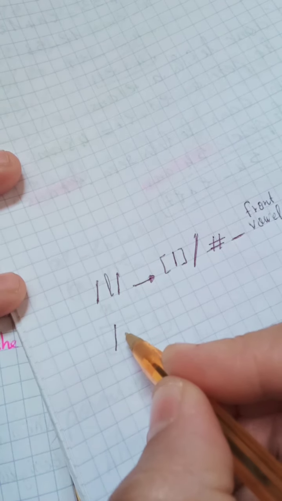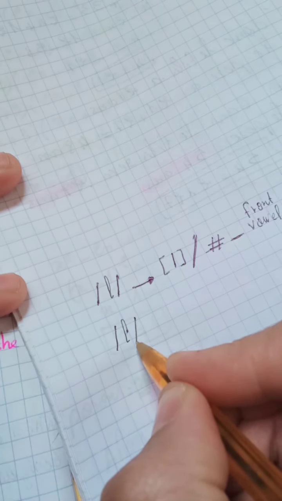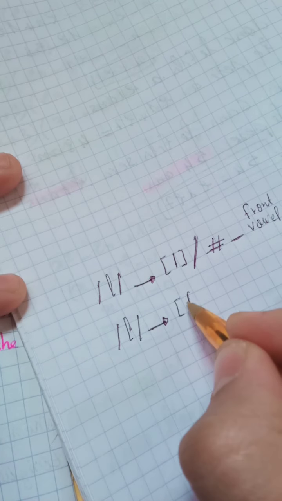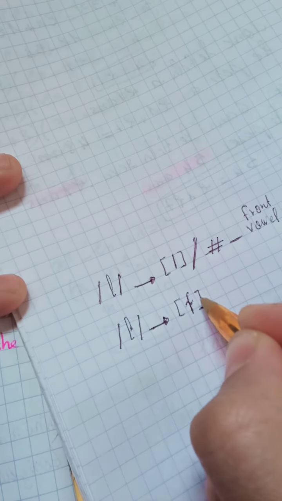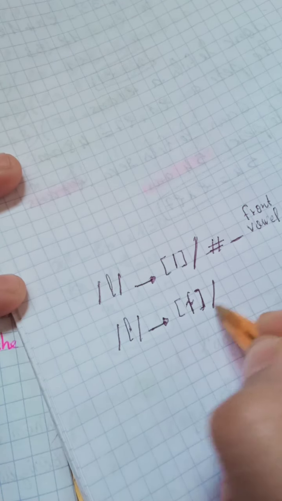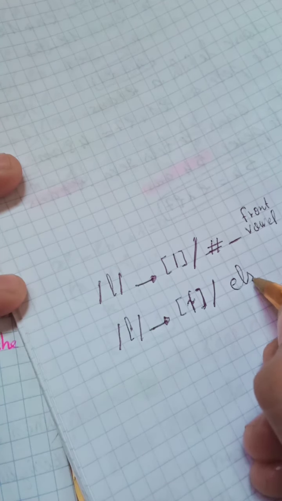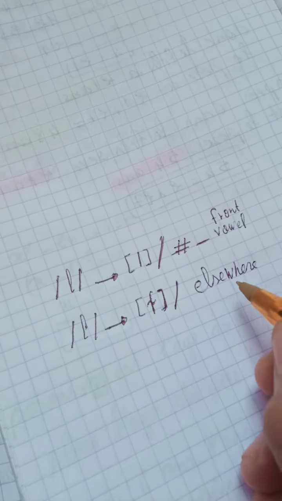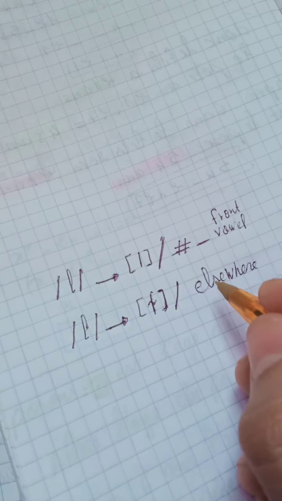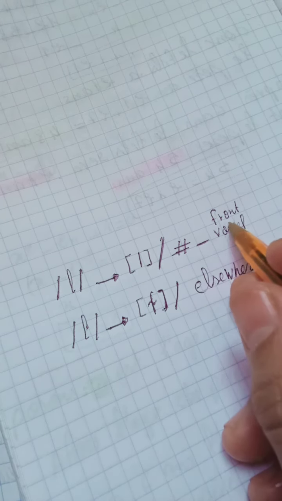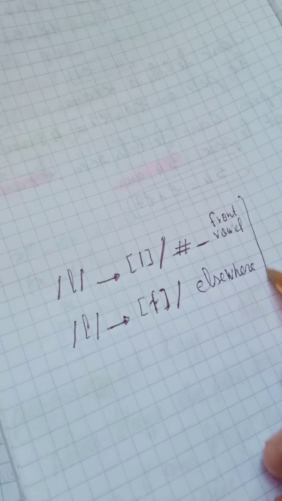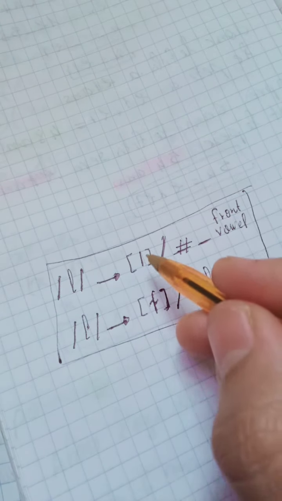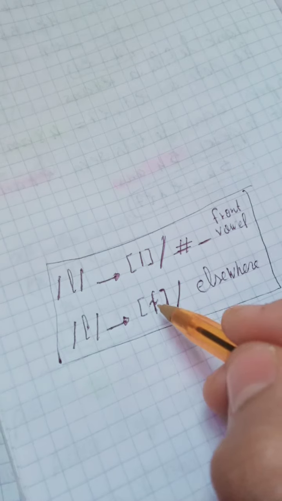Whereas the phoneme L becomes the allophone dark L, between brackets, in which environment? Elsewhere. Elsewhere means either at the beginning or at the end of the word, but it shouldn't occur before a front vowel. So this is the rule of the phoneme L and its two allophones, light L and dark L.